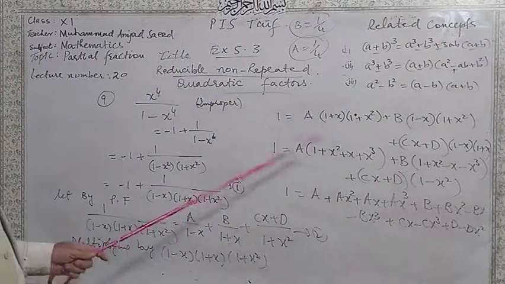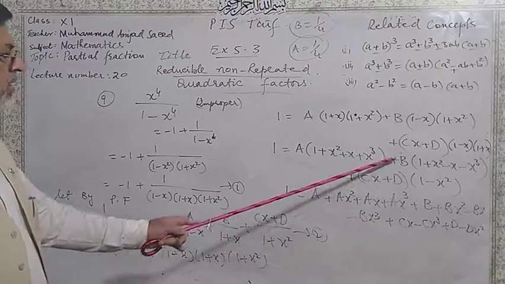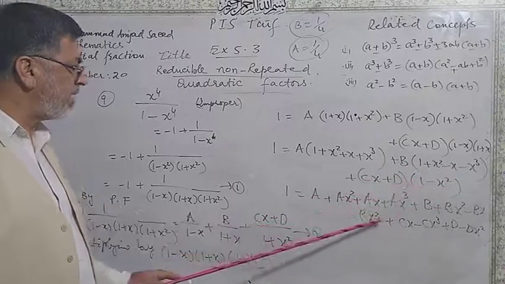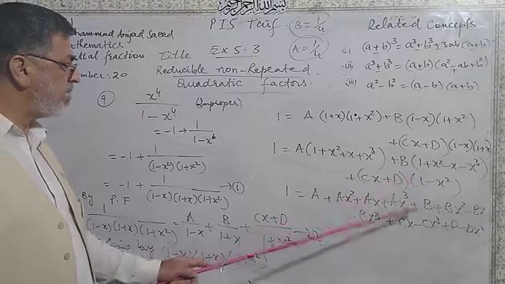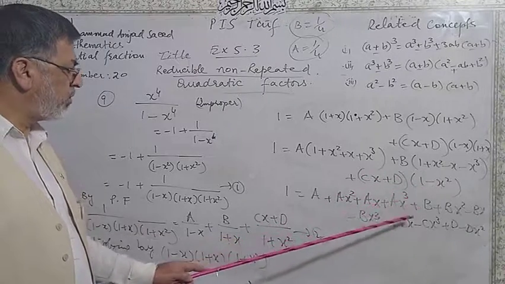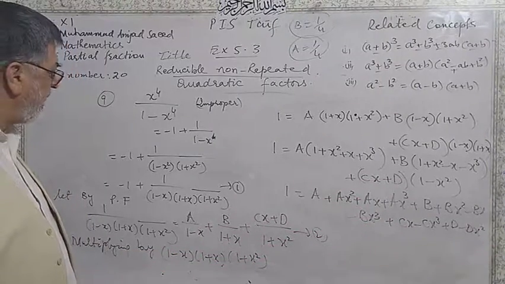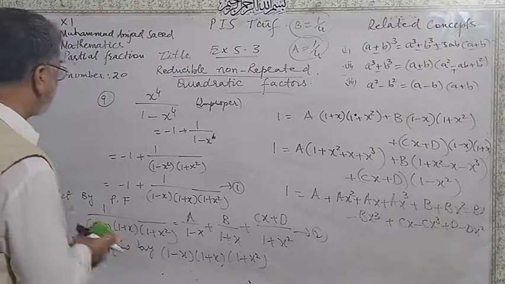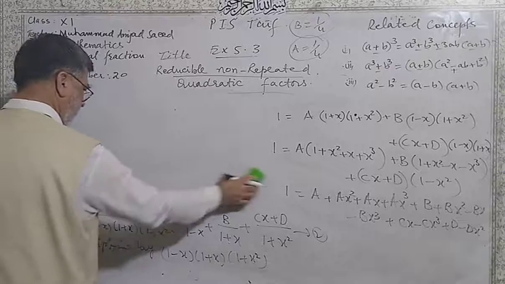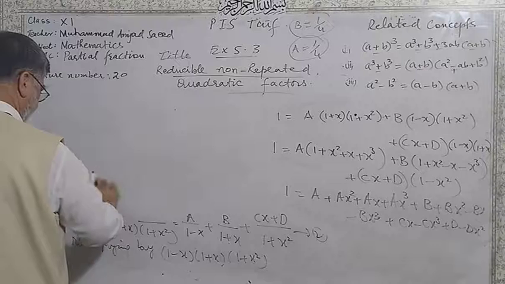There is a multiplied a plus ax square plus ax cube, b plus bx square minus bx cube, cx minus cx cube plus d minus dx square. Now we can collect similar terms.